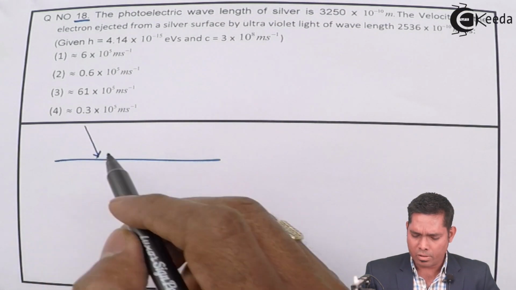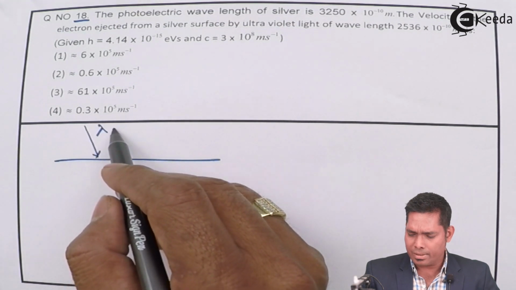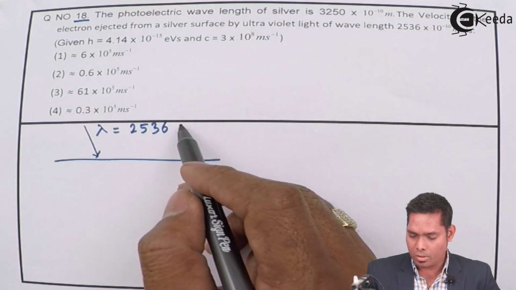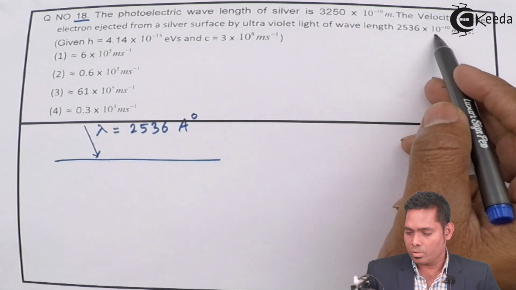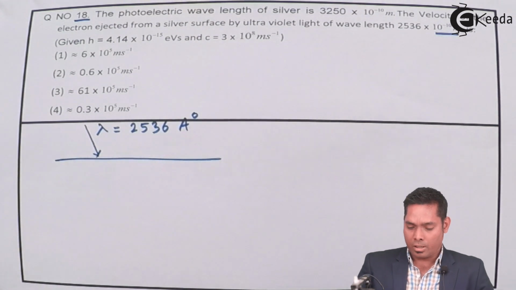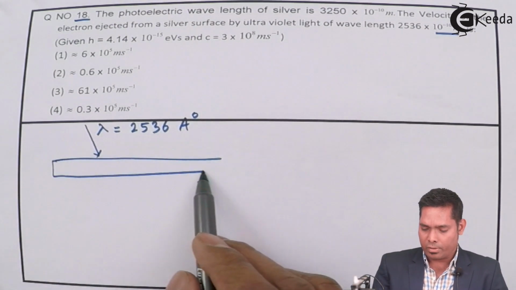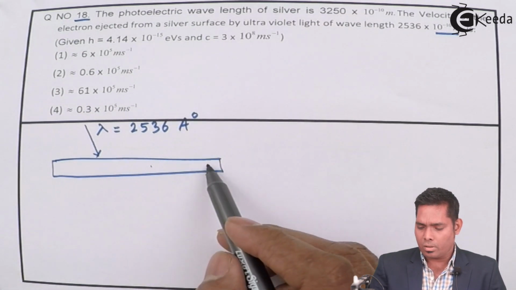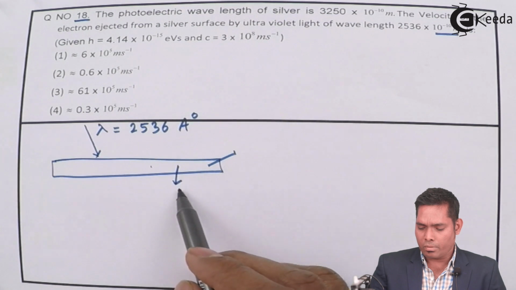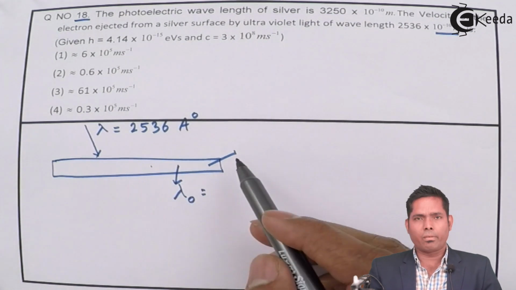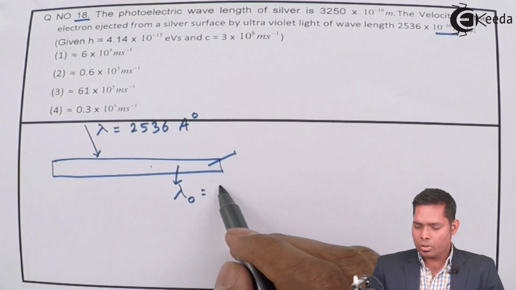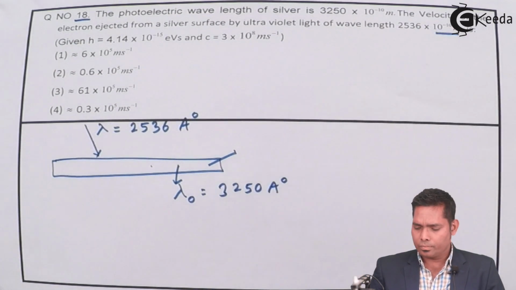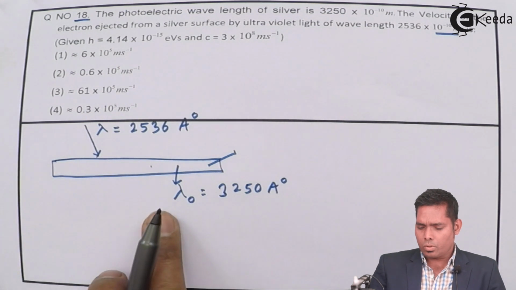On this silver surface, the incident wavelength lambda is 2536 Angstrom, and the photoelectric wavelength, that is lambda naught, the threshold wavelength, is 3250 Angstrom.